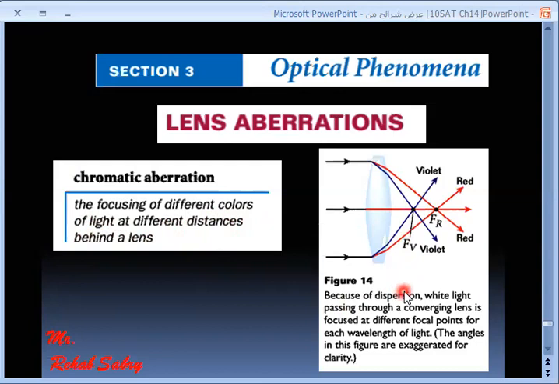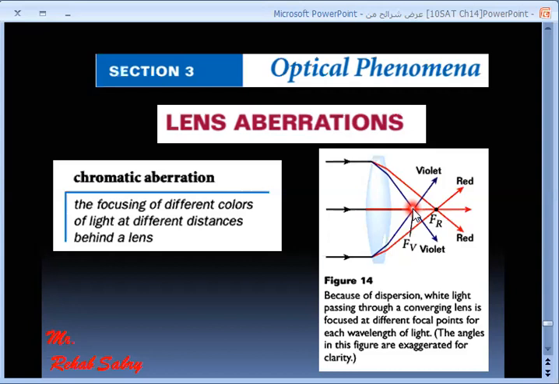Why? Because of dispersion. The blue rays are focused at a certain focus for blue, and the red rays are focused at a certain point for red.